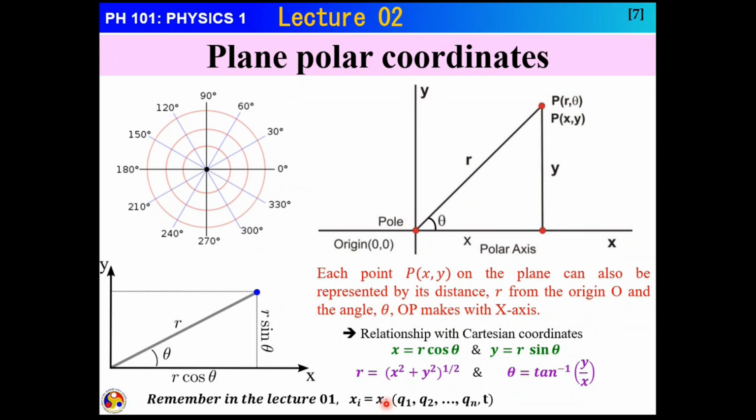Okay, at that time it might be a bit abstract to you, but here you can see that x, which is a coordinate in Cartesian system, is a function of another coordinate r and theta, and similarly coordinate y is also a function of polar coordinates r and theta. So this is just for making lecture number 1 a bit more clear when you are dealing with double dot cancellation. Dots cancellation.